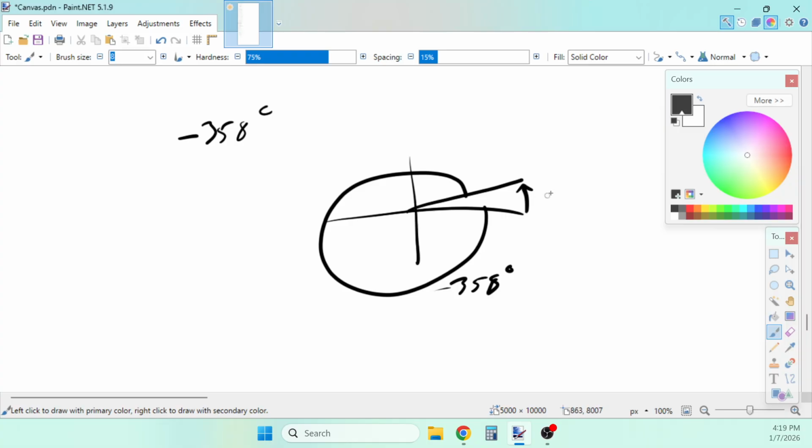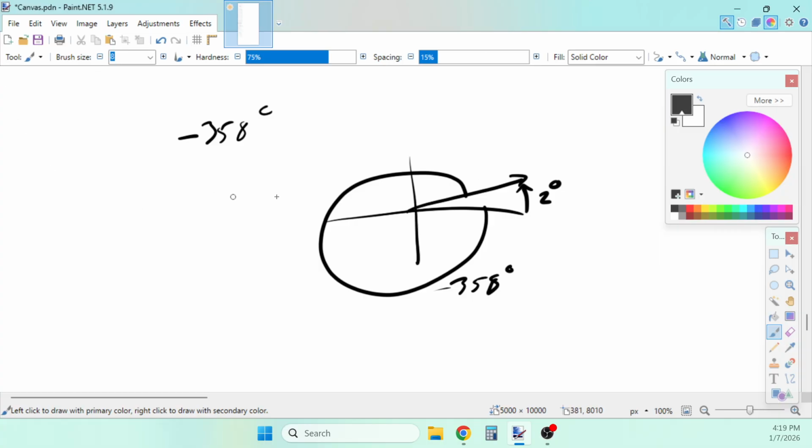I want to figure out what is the coterminous angle that is going counterclockwise, the positive angle. That's going to be 2 degrees. 2 degrees to the left is the same as 358 degrees to the right. They end up pointing in the same direction.